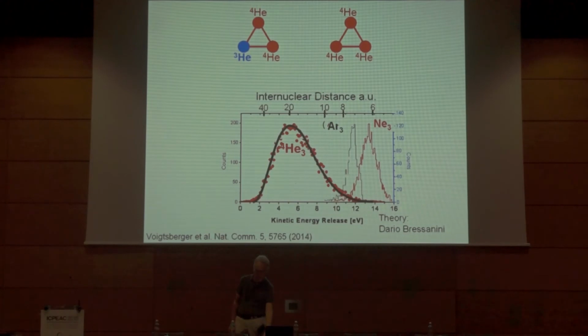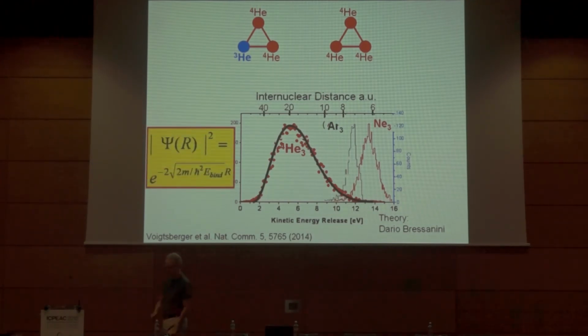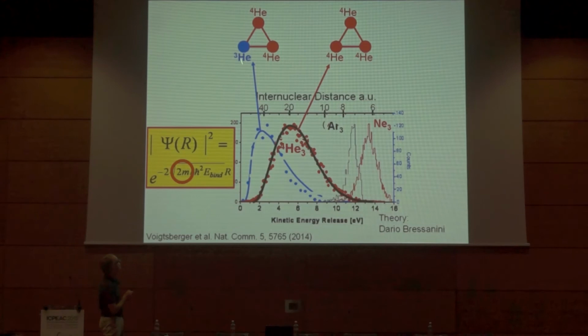It's just the width of the wave function which changes. What happens here is something dramatic, because in the tunneling formula, the mass enters. So helium-3 is much easier to tunnel out, and that's what you see. If you replace one of the 3 by helium-3, you increase the size of the thing by about a factor of 2. That's because of tunneling.